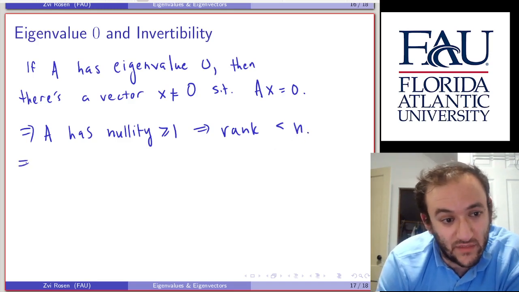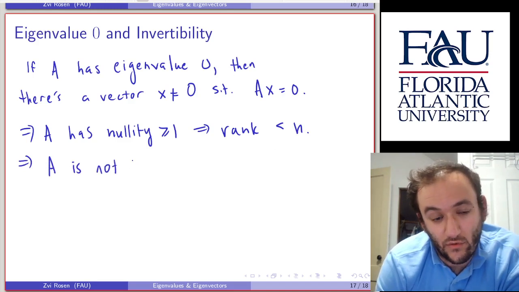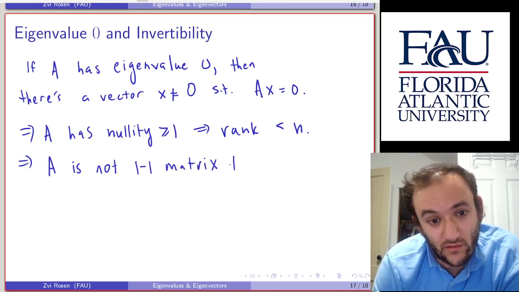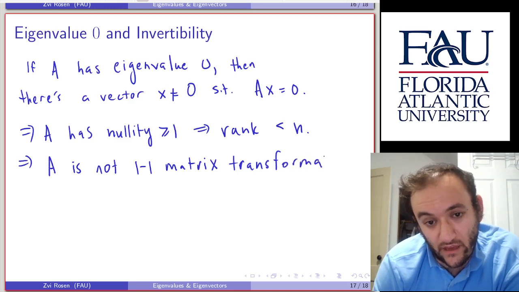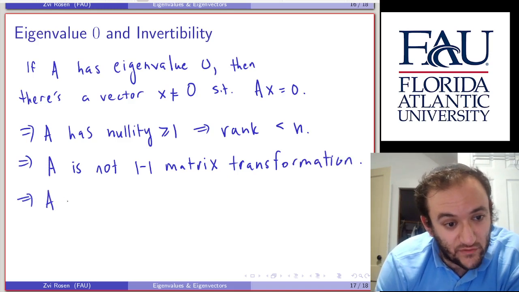Okay, and in turn it means that A is not a one-to-one matrix transformation, because you have a lot of things mapping to 0, for example. And it also means that A is not invertible.